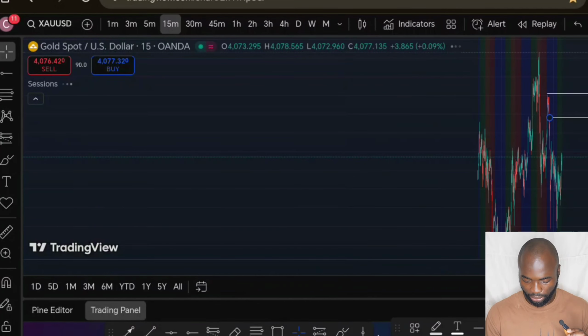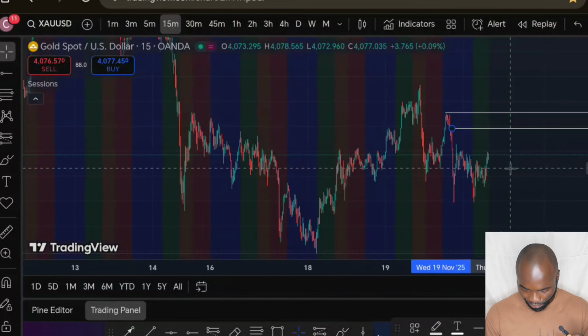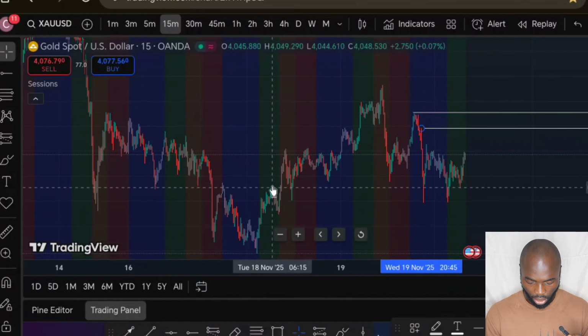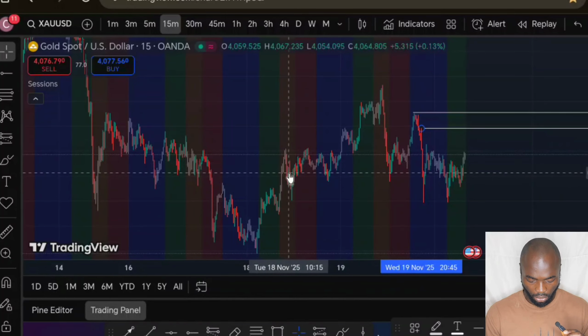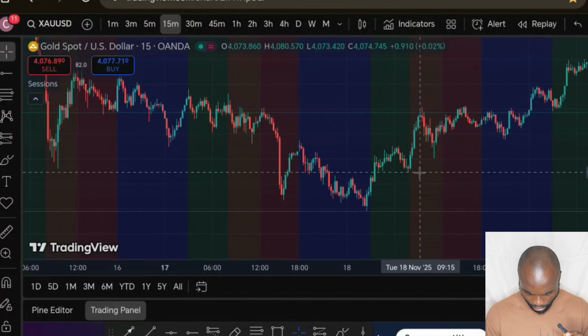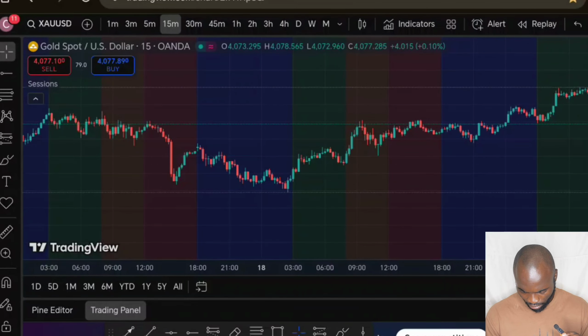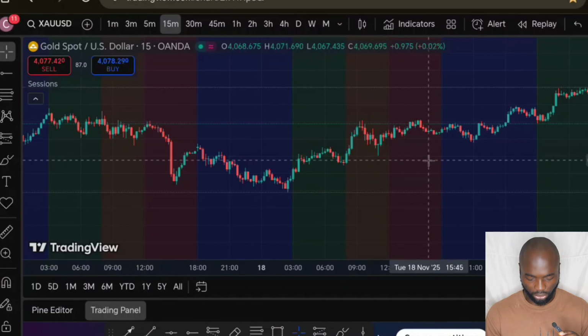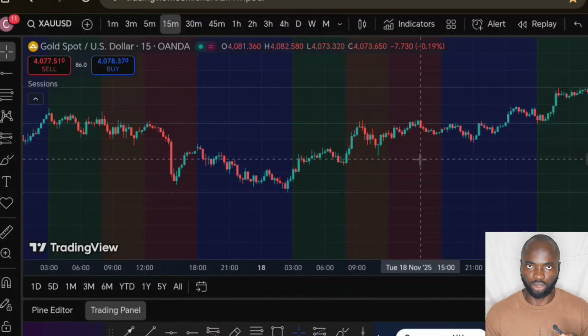Most of you might have seen this indicator. The blue side is the Asian session, the green side is the London session, the brown side is the New York session, while the red side is the AM session, and then the PM session.